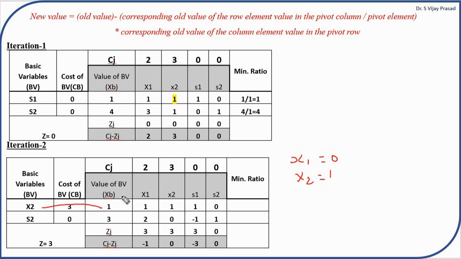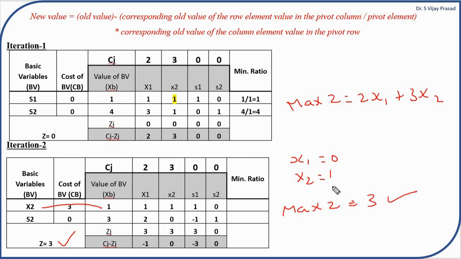No need to write the S1, S2 values here, slack variables values. Max Z equal to 2x1 plus 3x2. When you substitute these values, x1 equal to 0, 2 times 0 is 0, 3 times 1 is 3. This is the Z value you wanted. Max Z will become 3. Now this is the optimal solution for the problem. The solution is x1 equal to 0 and x2 equal to 1. This is the end of the problem.